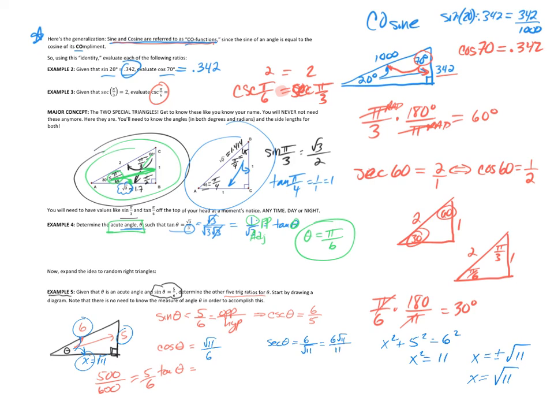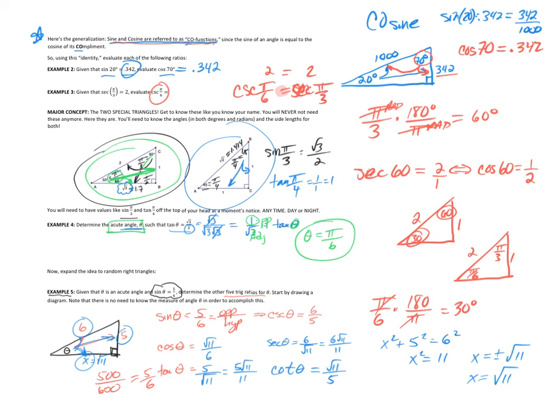The tangent of that angle would be the opposite, which is 5, over the adjacent, which is root 11, which we could change to 5 root 11 over 11. And of course the cotangent, which is the reciprocal, would just be root 11 over 5. You can see I just reciprocated this version to flip it to get this version here, knowing that we would have a radical in the numerator and that wouldn't be an issue.